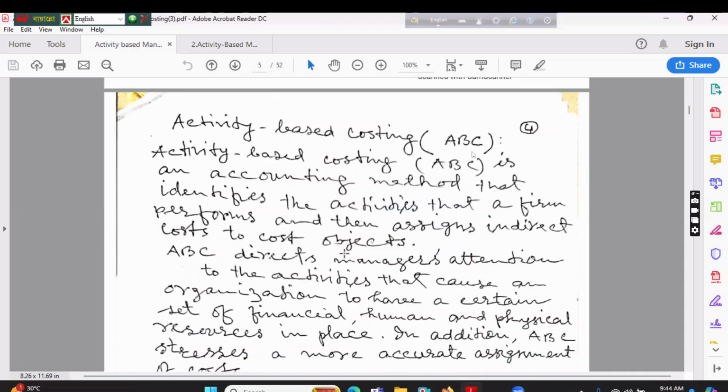Earlier we defined cost objects. Cost objects may be product, customer, process, department, etc. A cost object is something for which cost information is desired.